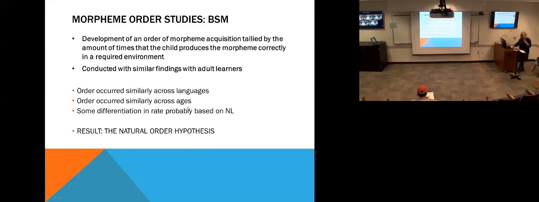In other words, the kinds of productions that the adult learners were making were similar to the kinds of constructions that the children were making, right? And that the differentiation in rate could be based on the native language, meaning, for example, if your native language has articles, you're more likely to pick up articles quicker because you understand what an article system is. Whereas if your language doesn't have articles, you don't understand what an article system is necessarily.